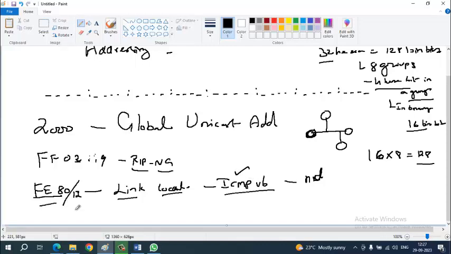So ICMP version 6 uses link local address to discover neighbors. There is a unique function to do. You will not be able to ping this address like what you do in normal IP routing. This is not for routing. The address is for neighbor discovery.